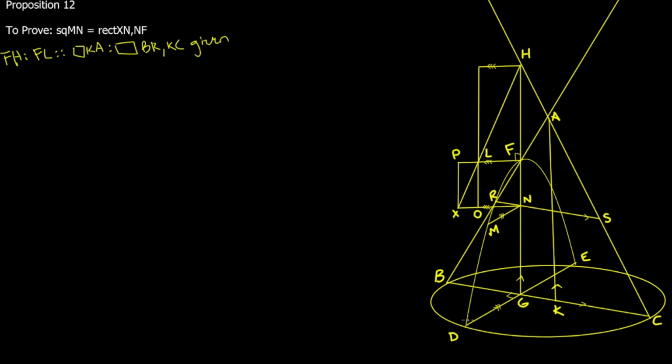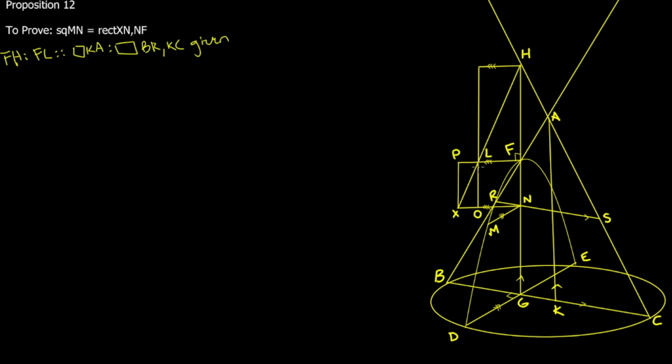We constructed the section DFE so that it would hit the upper conic section at some point H. We draw a line HX so that H intersects with L and then continues until it meets NX, and NX is a line extended from N, which is parallel to FL.